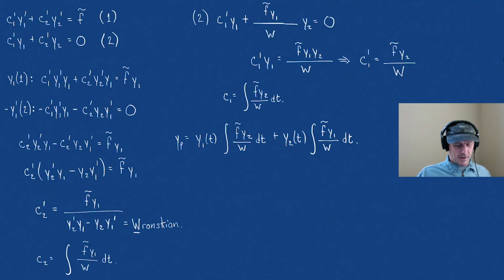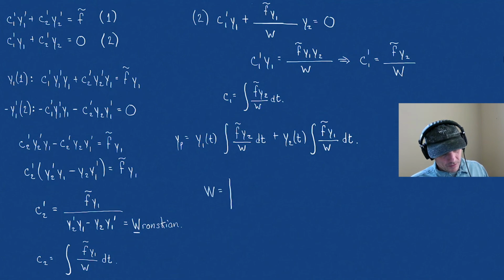And the last bit I wanted to show you is what the Wronskian is. So the Wronskian is defined as the determinant of the solutions and their appropriate derivatives. If it's a second order equation, you're going to take up to a first derivative. If it's a third order differential equation, you'd take up to the second derivative.